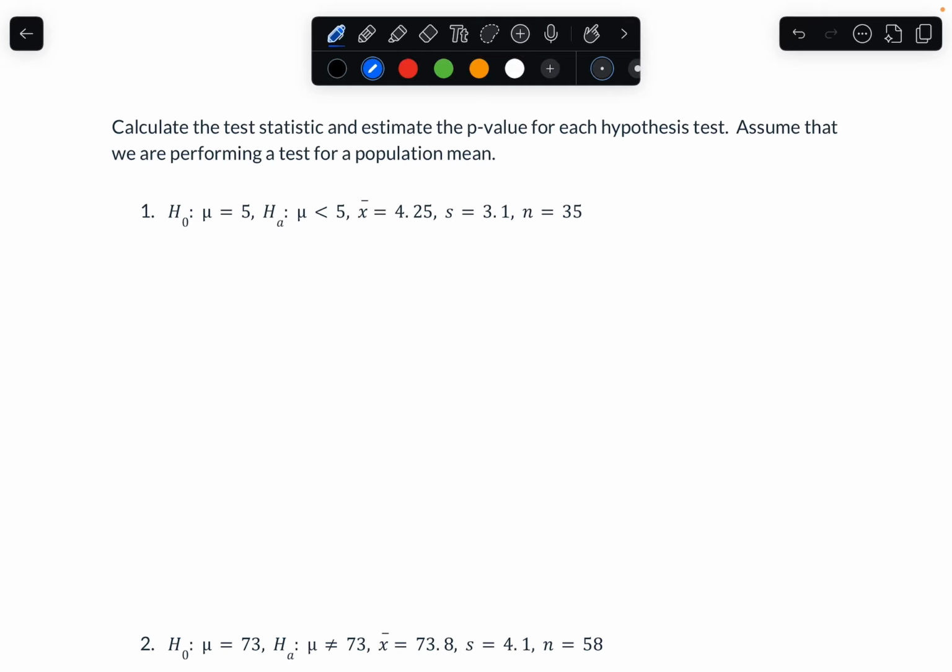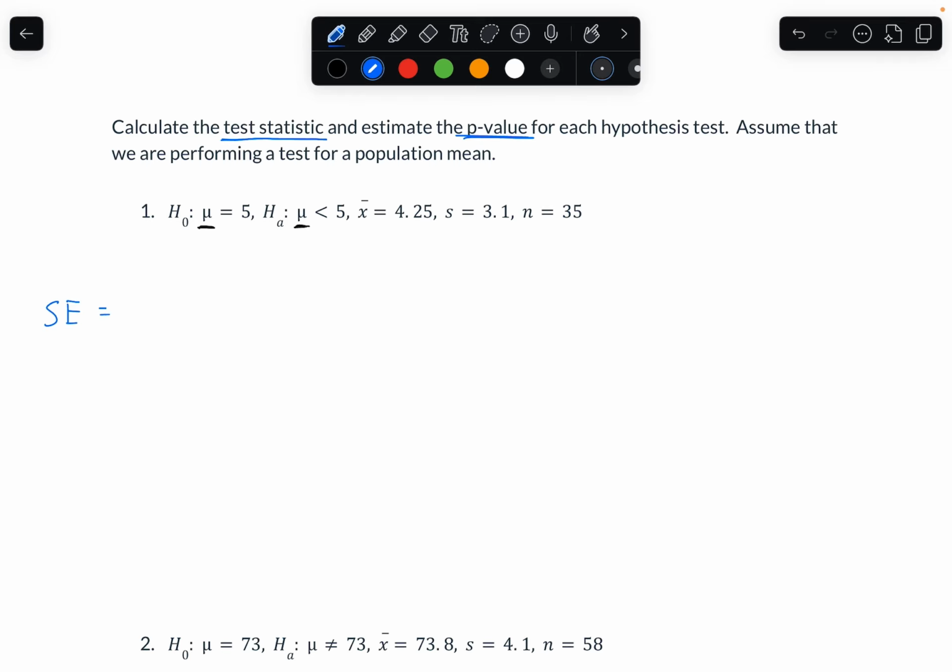So just like with our other problems, I need to start off by finding my standard error. I'm going to find my test statistic first, and then once I have that, I'll use that to estimate my p-value. Before I can calculate the test statistic, though, I need to find the standard error for this particular hypothesis test.